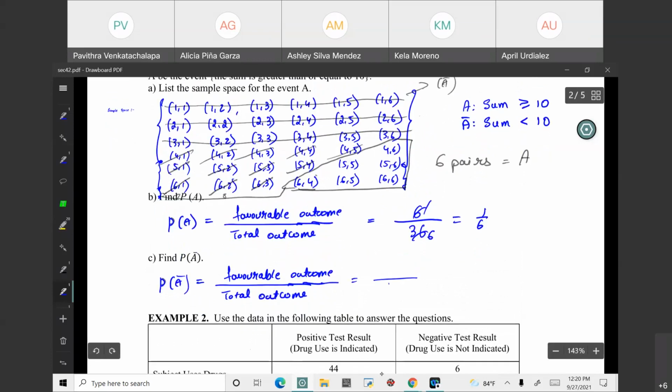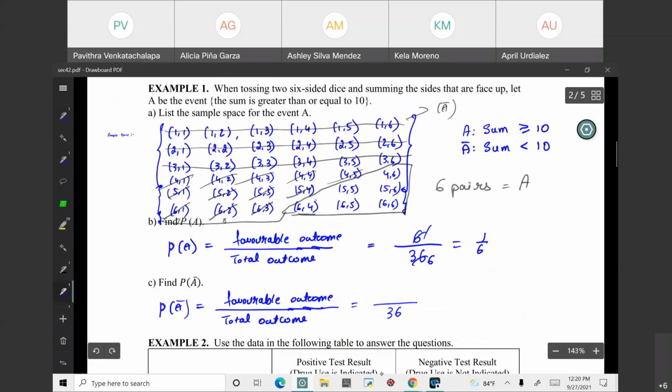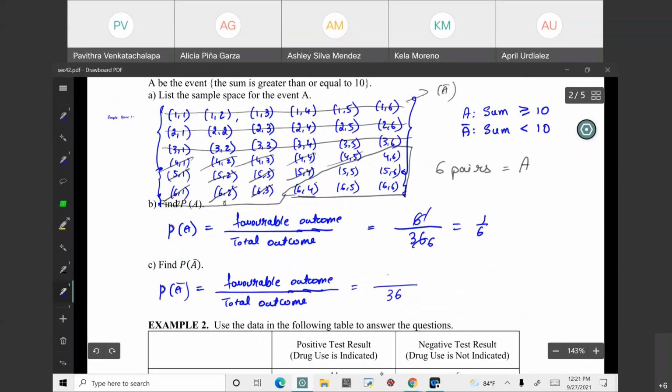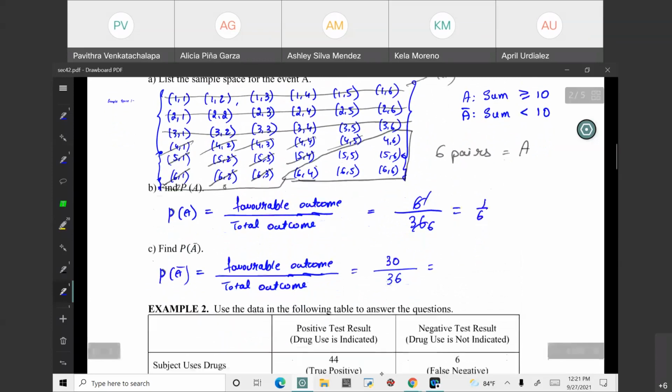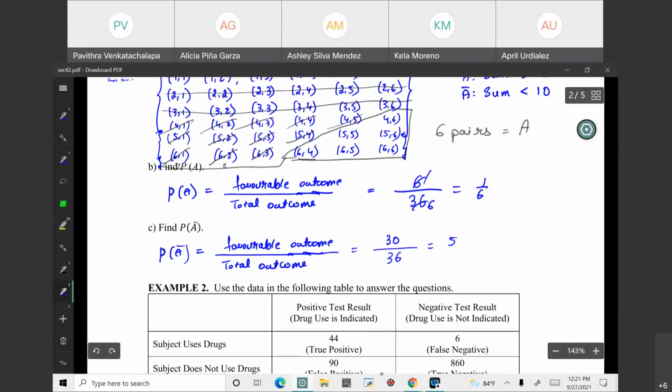First, write the total outcome as 36. 30, right? 5 by 6. So this is the probability of the event which does not occur.